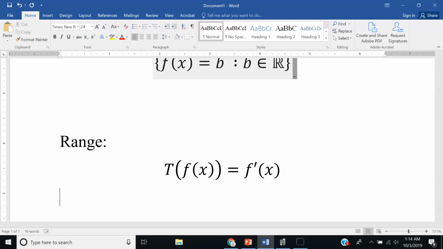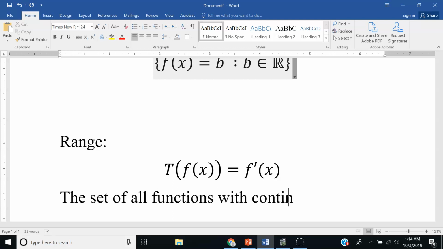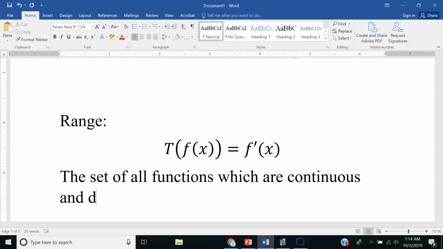So the range is the set of all functions with continuous differentiable derivatives, the set of all functions which are continuous and differentiable.